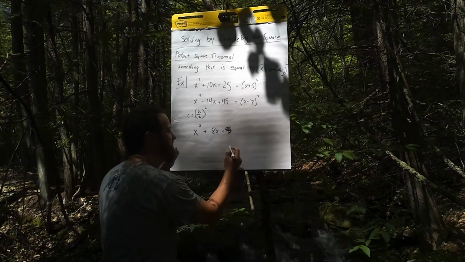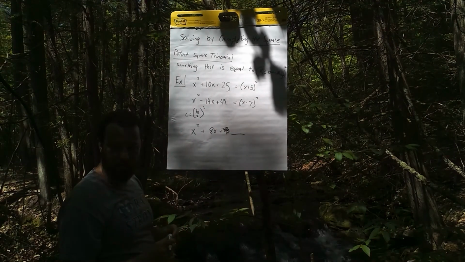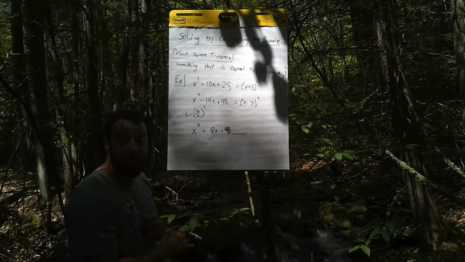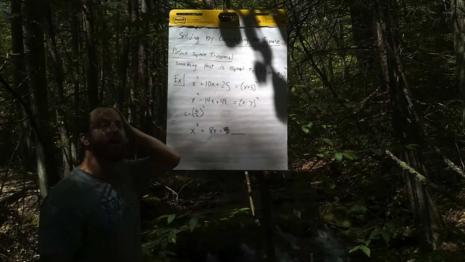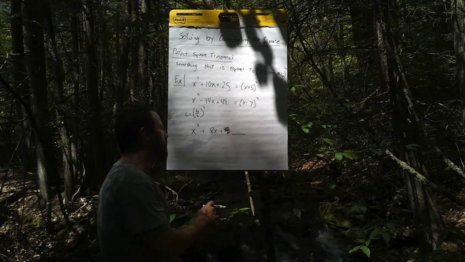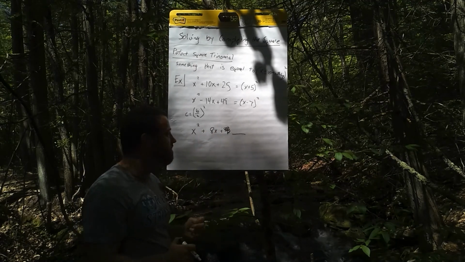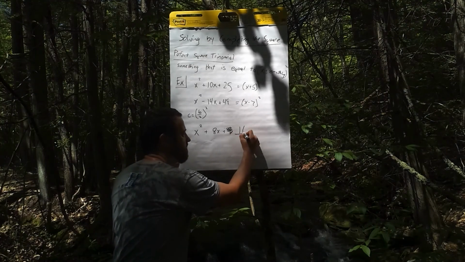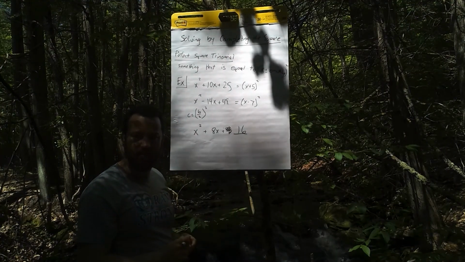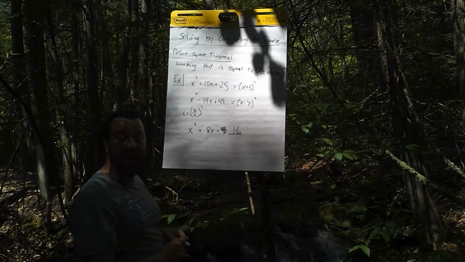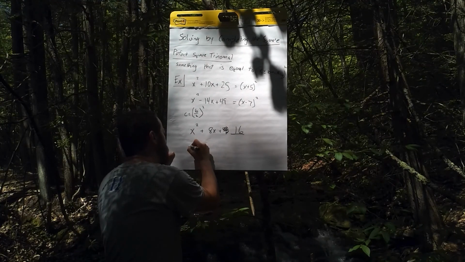Let's just cross that 9 out. It's bothering me. So I need to fill in the blank to make this a perfect square trinomial. So I'm going to take half of 8, which is 4. I'm going to square it to give me 16. All right? So that now is a perfect square trinomial.